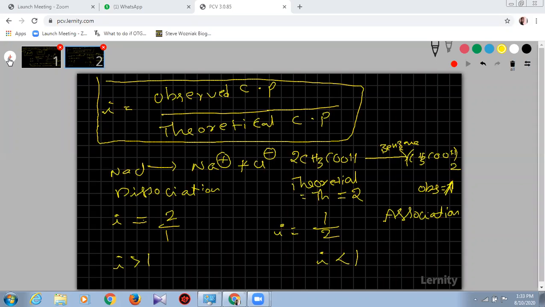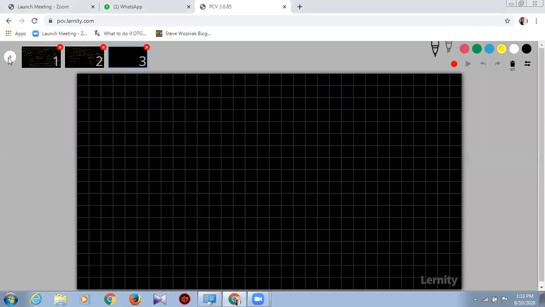Based on the previous slide, let us make one table like this.